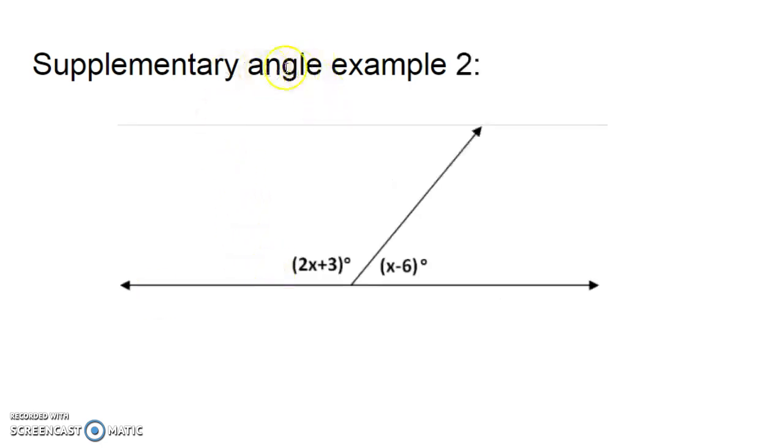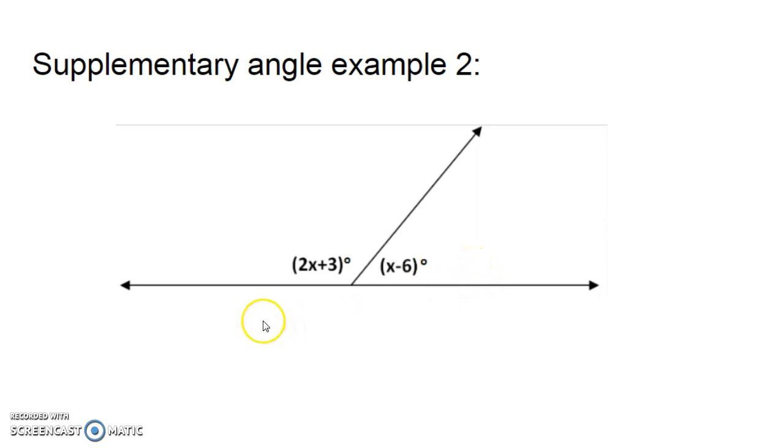Okay, now we're on to the second part. Sometimes they'll put this as an equation, so it's still the same. This angle plus this angle equal 180 degrees. So what you need to do is put your equation 2x plus 3 plus x minus 6 equal 180 degrees.